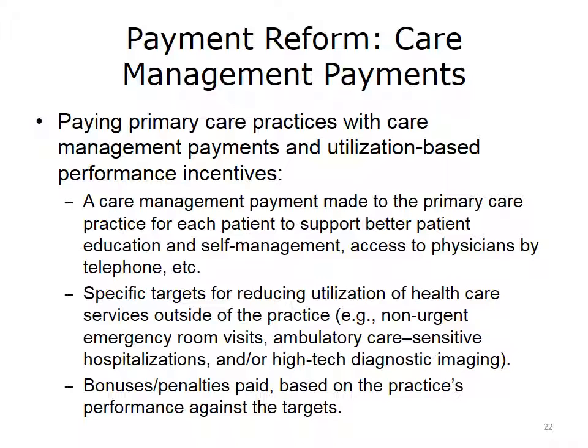High-tech and diagnostic imaging. There are specific targets set for appropriate use and utilization of high-tech diagnostic imaging, as well as sometimes pharmaceuticals and specialty drugs. Bonuses and penalties are sometimes paid to the practice based on its performance against these targets.